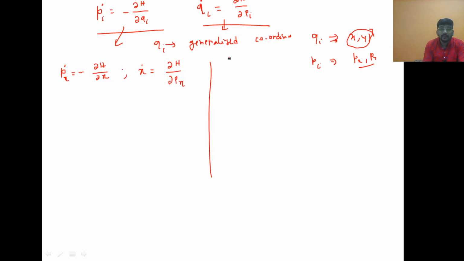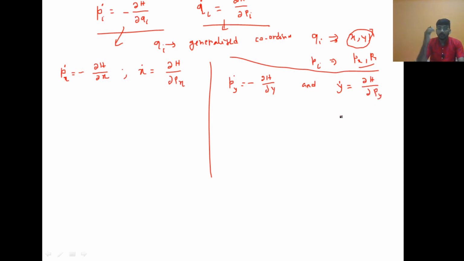Similarly for y, we get py dot equal to minus del H by del y, and y dot equal to del H by del py. These 4 equations we can get, and we have to find the relation between x, y and px, py.